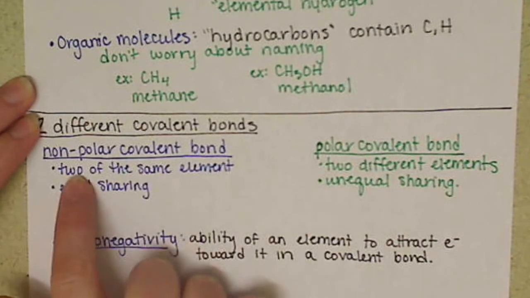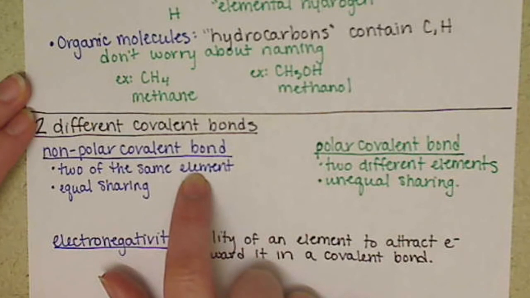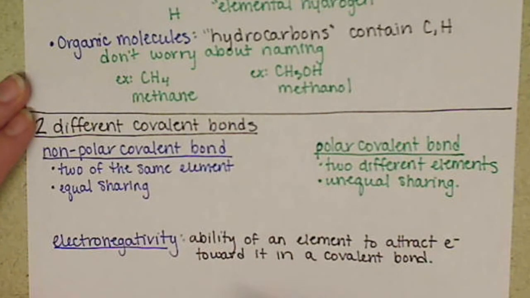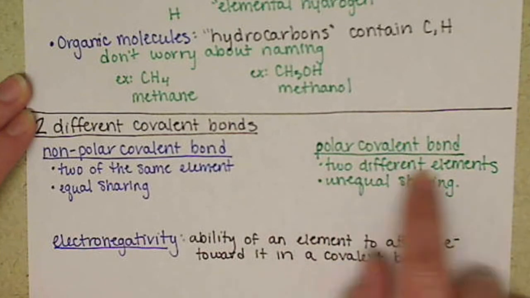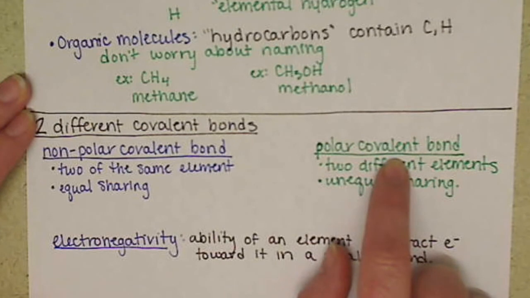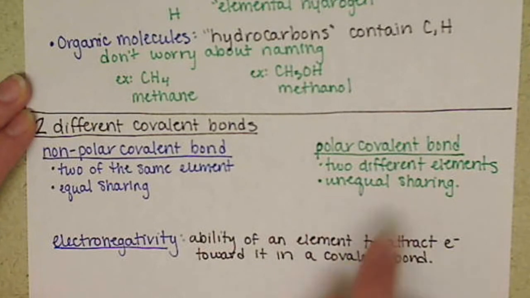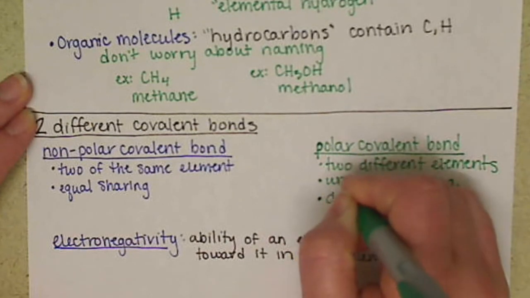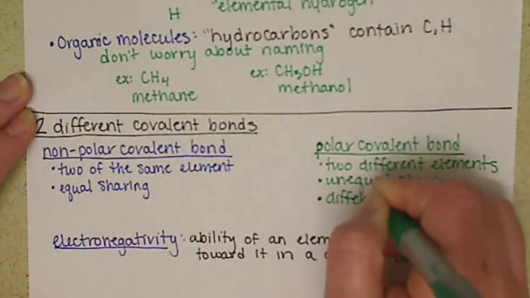Basically, I'm looking if you have the same element in a bond, okay, you have equal sharing, you have a nonpolar covalent bond. If you have two different elements in a bond, then that's a polar covalent bond. Okay, because there's an unequal sharing. And basically what's happening there is in the polar covalent bond, you have different electronegativities.